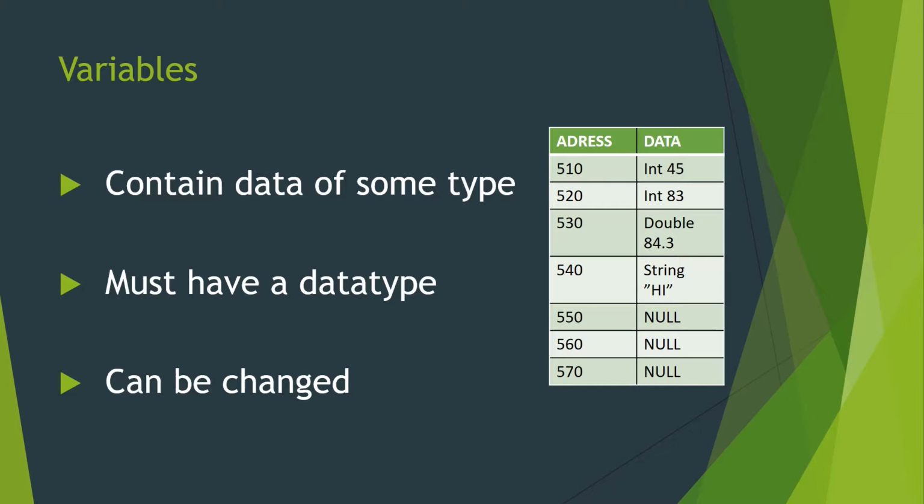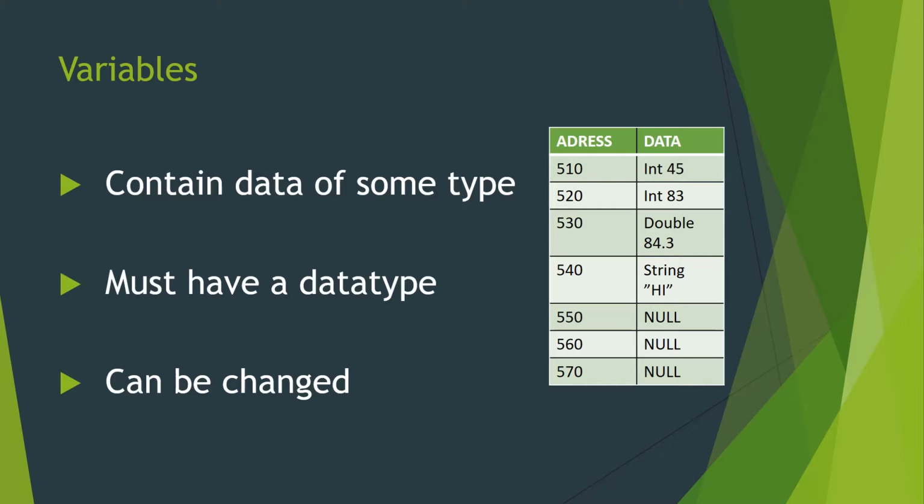So the table here is a visualization of the random access memory, and if we make a variable, the variable name will point to an address. So an address in the random access memory. So let's say we have an int, an integer variable with the name number1, and it contains 45.